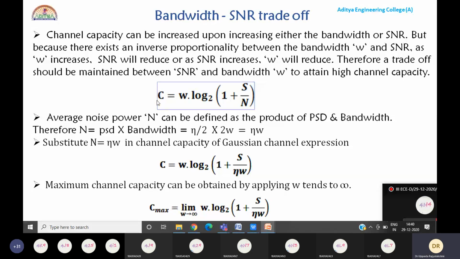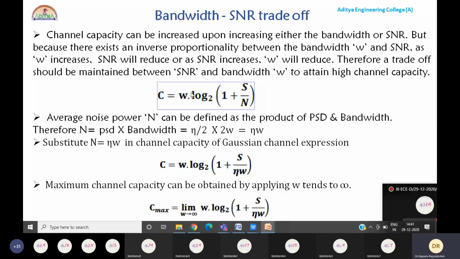So, in order to increase the channel capacity, please observe this equation. To increase the left hand side capacity, either you can increase the bandwidth or you can increase the SNR, because channel capacity is dependent on omega and SNR. So you can increase either the bandwidth or the SNR to increase the channel capacity.